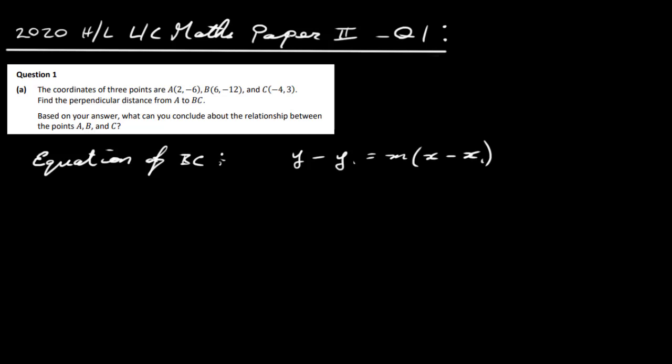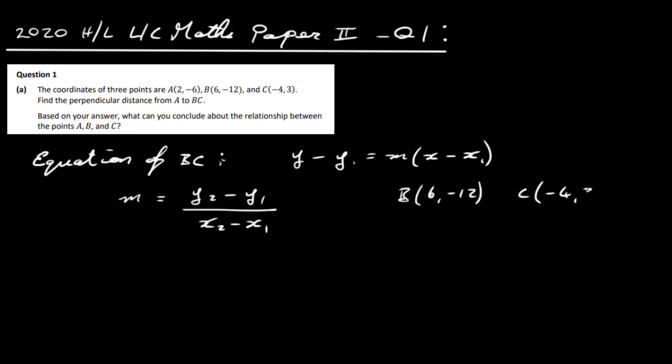And in order to use that, we need a slope and we need a point. So we'll have 2 points. So really all we need is the slope m. So let's do that. The equation for slope is going to be this one here. And remember our 2 points are B and C. So B is (6, -12) and C is (-4, 3).